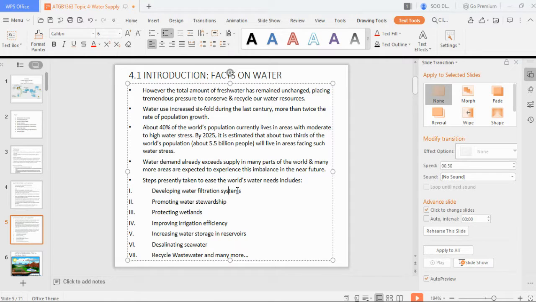Because water is not going to grow by itself, we need a water filtration system to clean the water and provide us this clean water to use. If you look back at the olden days when there was no water filtration system, we would be digging wells, taking the water from underground.